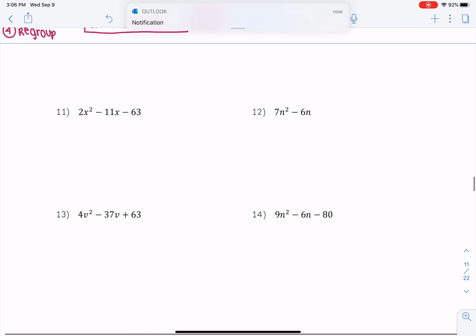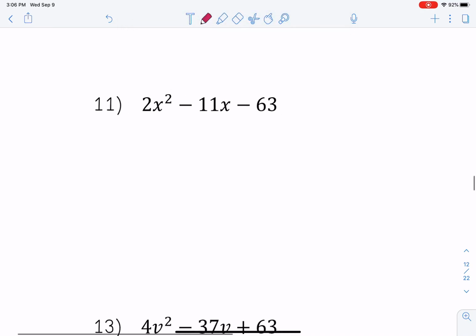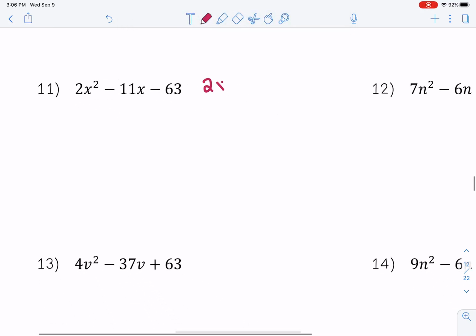All right, let's try that again. So I'm going to multiply a and c, and I get negative 126. Now what adds to negative 11 and multiplies to negative 126? That's going to be negative 18 and 7.